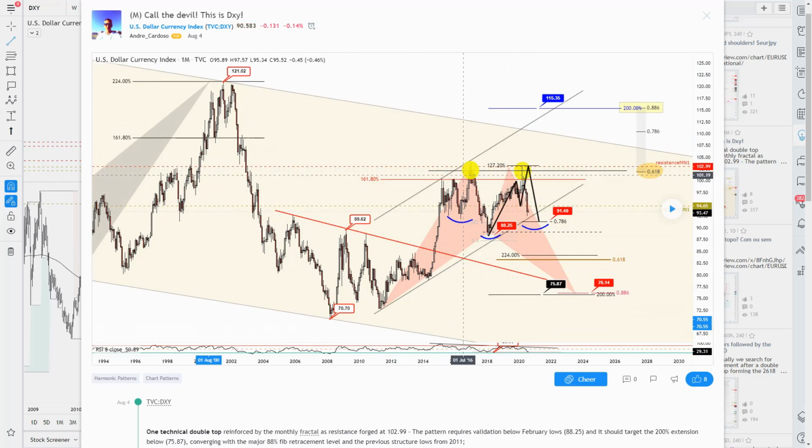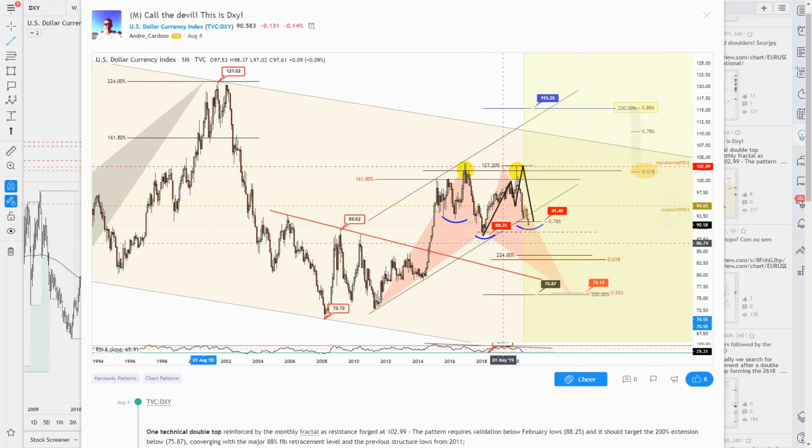This makes these lows the next zone for that technical double top printed above. So if the market decides to break below these lows, that will trigger the double top, which may put the price trading even lower, 75.87 for the Dixie.